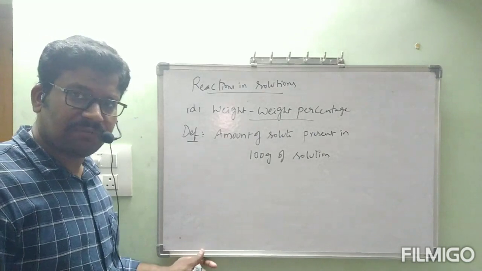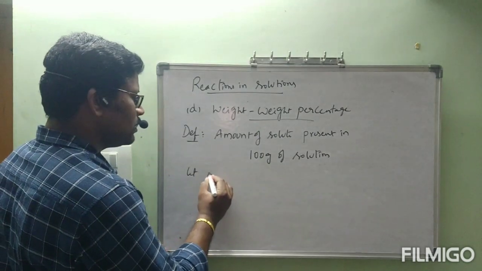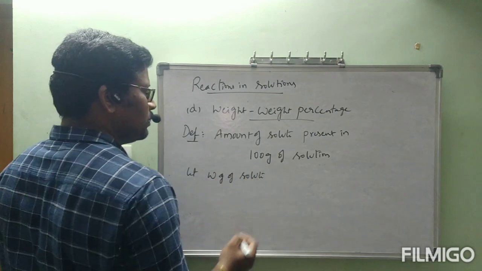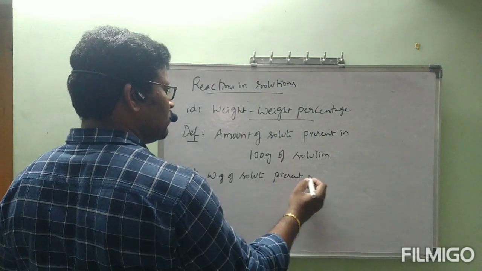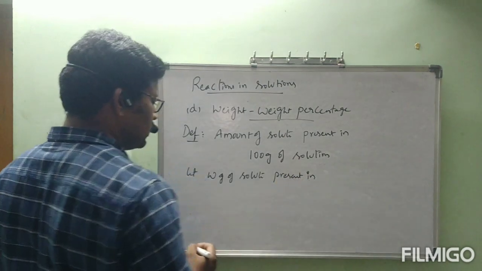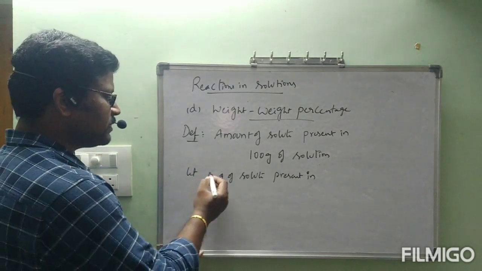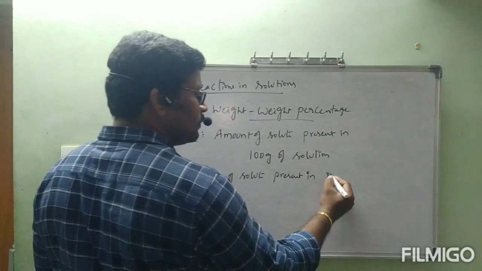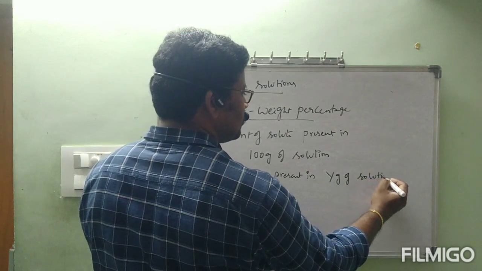How are we going to define the formula for this one? Let us see. Let X grams of solute be present in Y grams of solution.